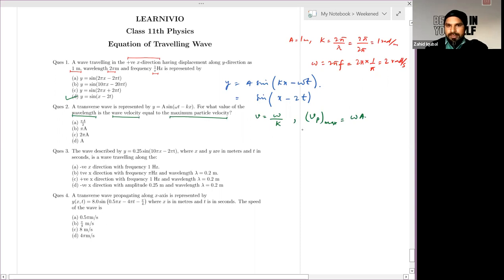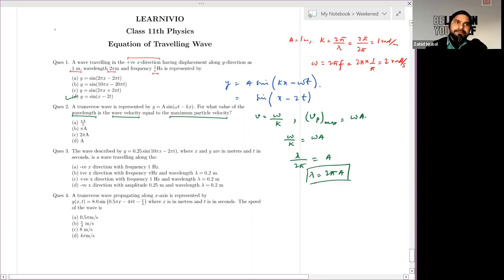So these two terms are equal to each other. Just equate them. So omega by k is equal to omega into a. Omega and omega can cancel out. You may write k as 2 pi by lambda. So it will be lambda divided by 2 pi equals a. So lambda will be equal to 2 pi times a.